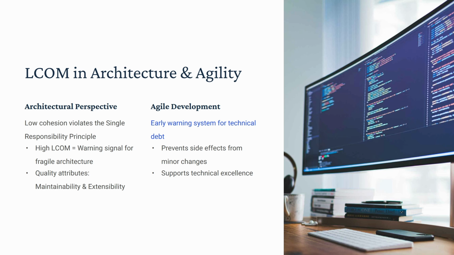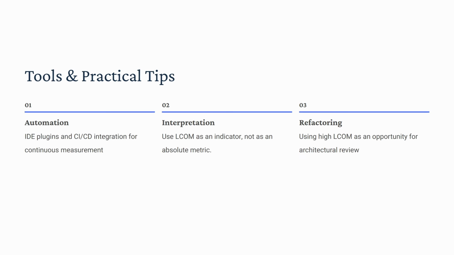So if you take software quality and architecture seriously in an Agile environment, it's important to use such metrics and not just occasionally in isolation, but to embed them in daily work and consider them continuously. But how can you continuously consider such metrics? How can you meaningfully measure LCOM and use it in your projects? The good news, you don't have to do the calculation manually every time.